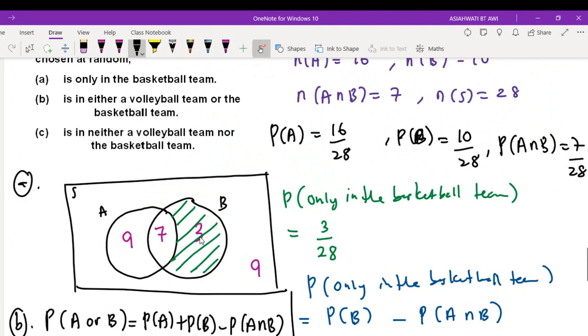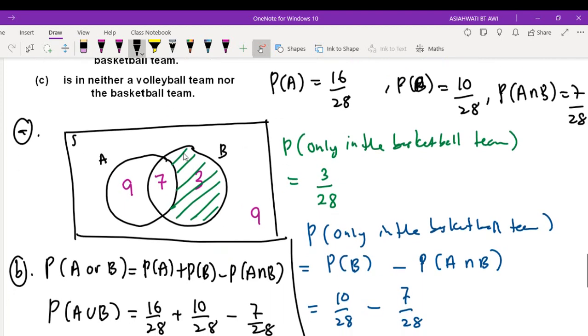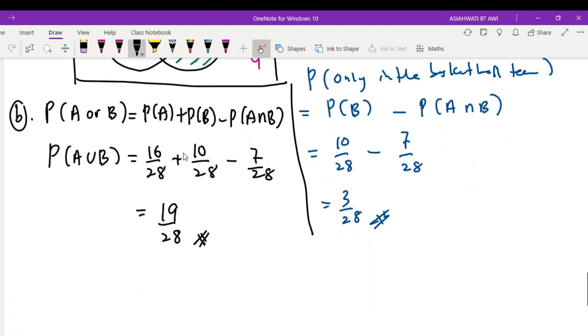For part C, the probability of being in neither the volleyball team nor the basketball team. So, not volleyball and also not basketball.